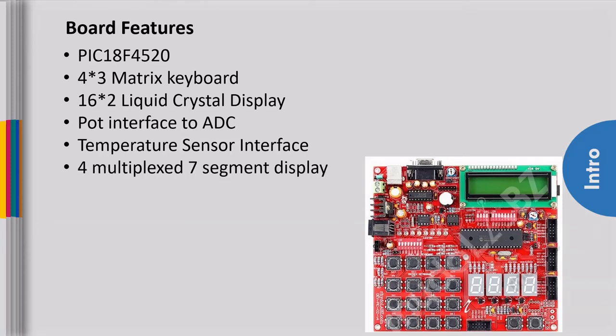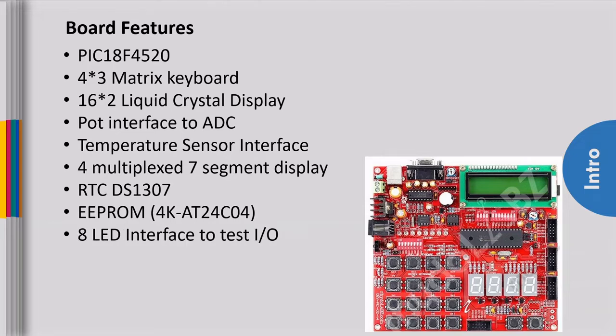It also comes with a 4-digit multiplexed 7 segment display. It has an RTC DS1307 IC for designing a digital clock. It also has one EEPROM memory where you can store your data.